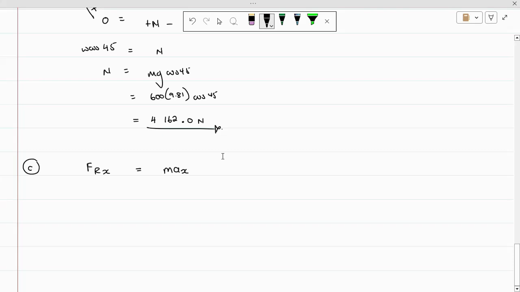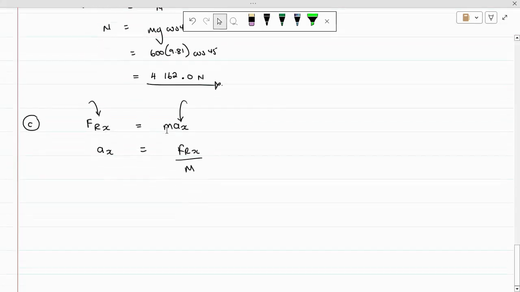We want to get acceleration, not force, so we make that the subject of the formula: that's Fr in the x direction divided by the mass. So once we have the resultant force in the x direction, we can divide by mass to get acceleration.